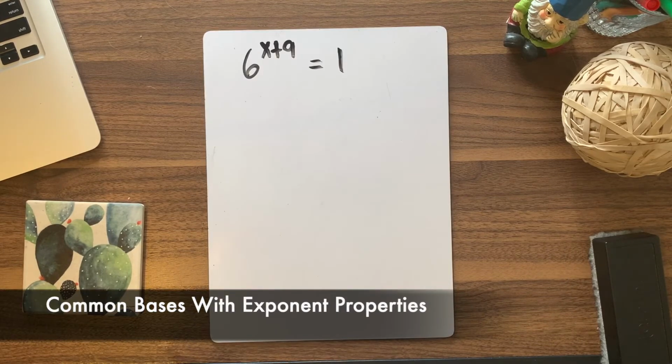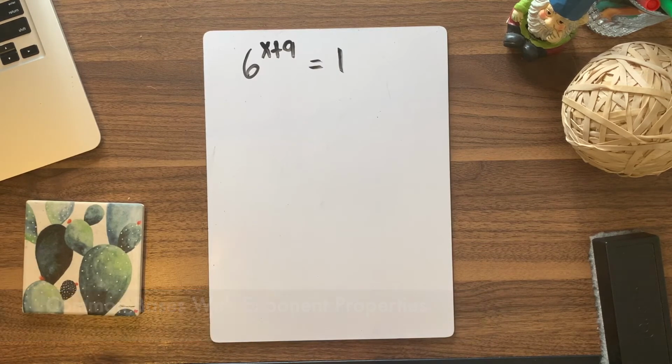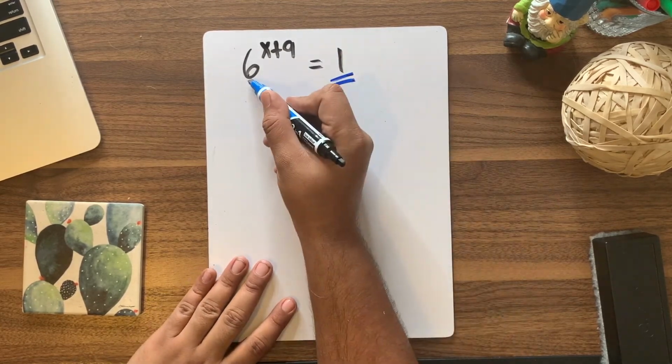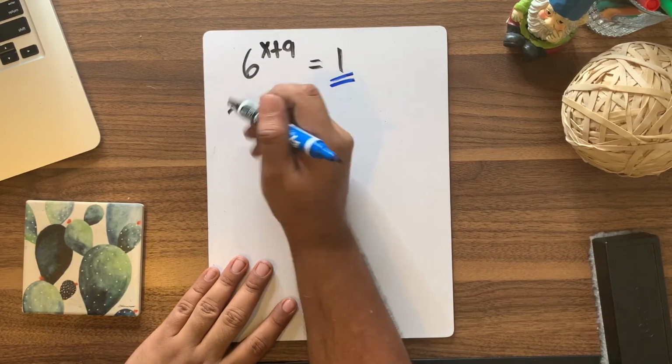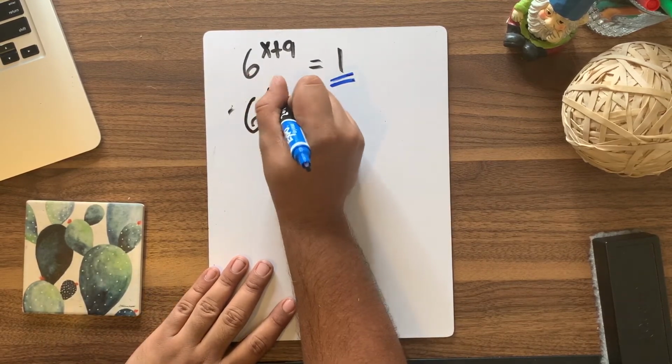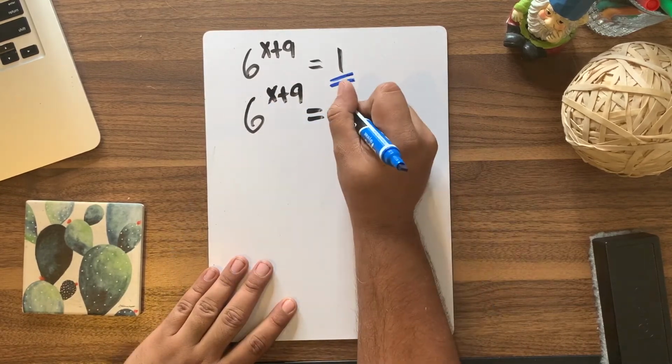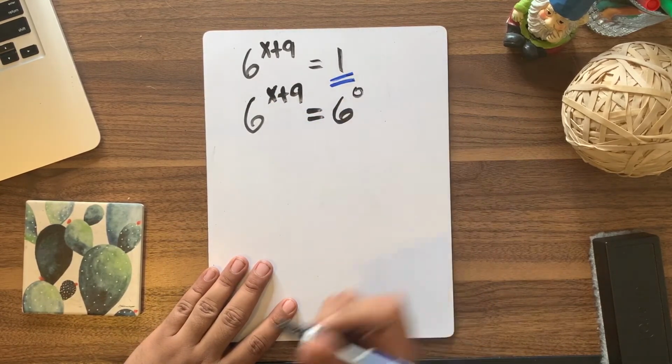Equals to 1. It is not obvious that I can convert this into common bases, but we do need to remember a property that says anything to the power 0 is 1. So when you see a 1 and you want to have the base of 6, the only thing you have to do is say 6 to the power of x plus 9, and 1 can be written as 6 to the power of 0.